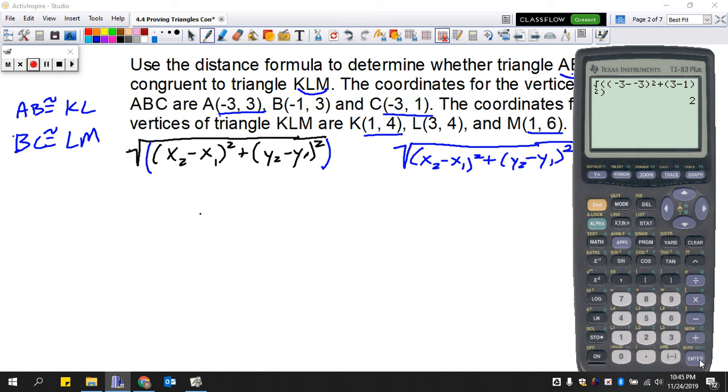Okay, so KM. All right, second square root.